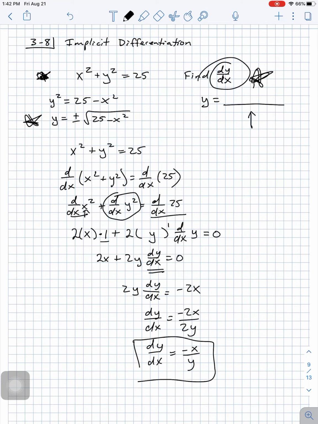Okay, let's take a look at another problem. Okay, and the directions are find dy dx.